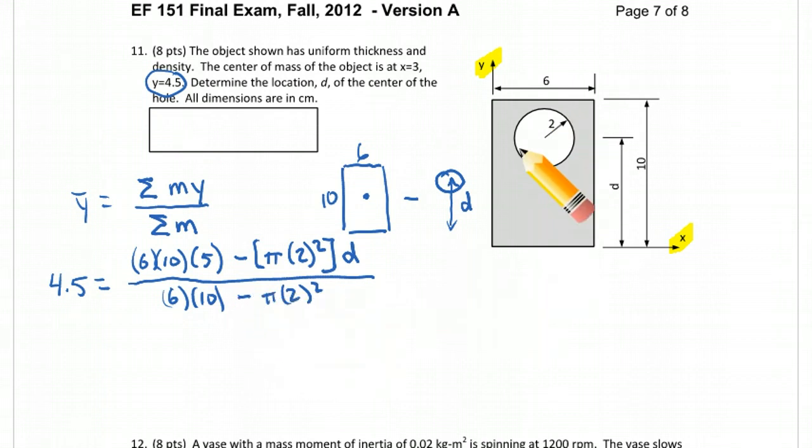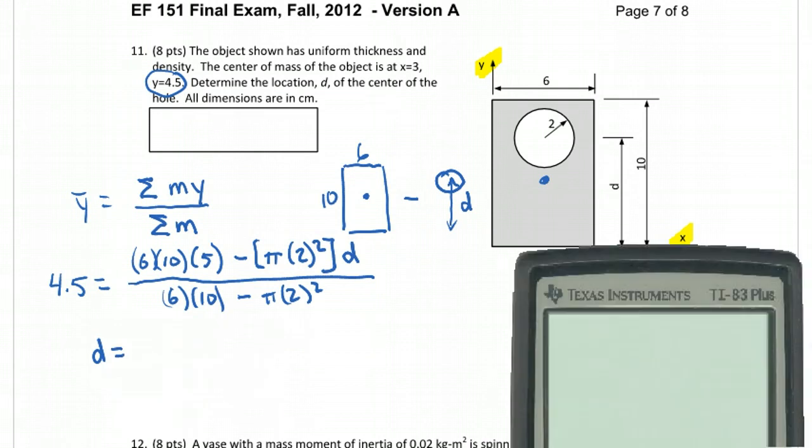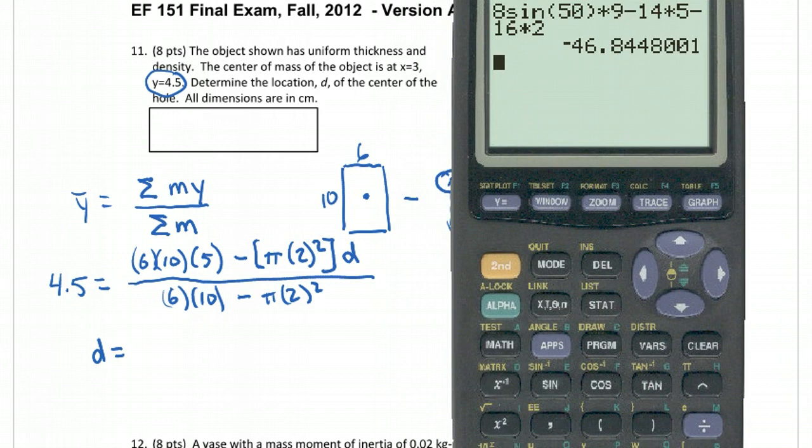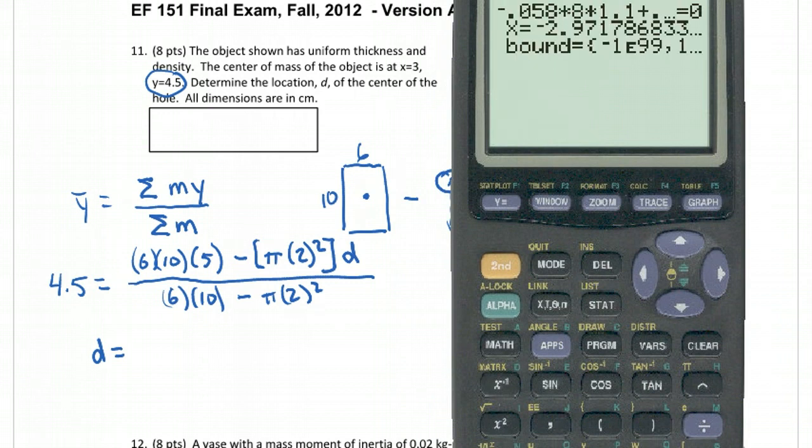Since this is a void or a hole, we need to make sure we subtract the values on top and bottom. So I will use Mr. Solver to solve for D here. Probably overkill, but I'll do it anyway.